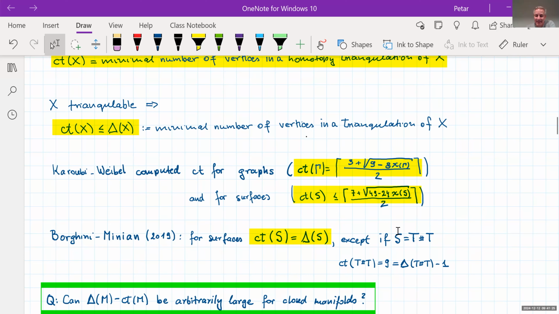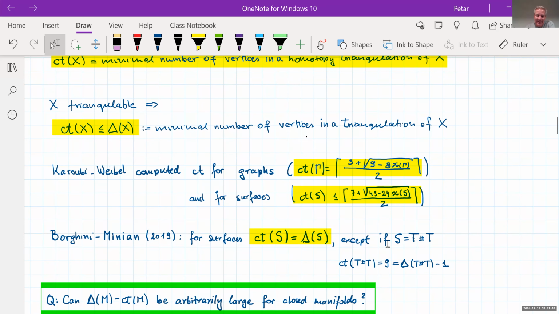But it turns out that in this specific case, there is a smaller model. So there is a two-dimensional simplicial complex homotopy equivalent to the genus 2 orientable surface, which has one vertex less. And that's essentially the only example that we have.